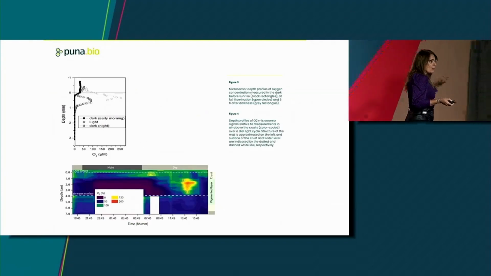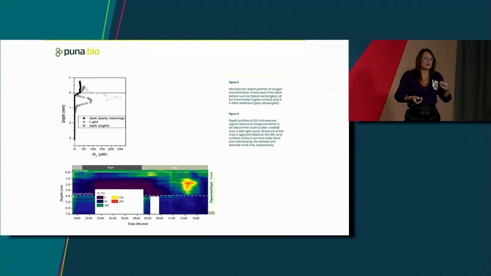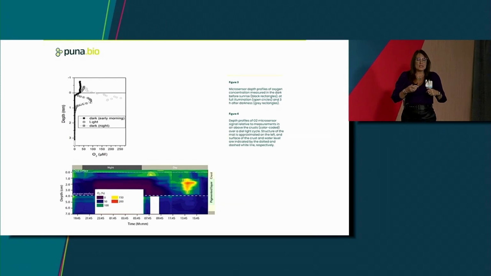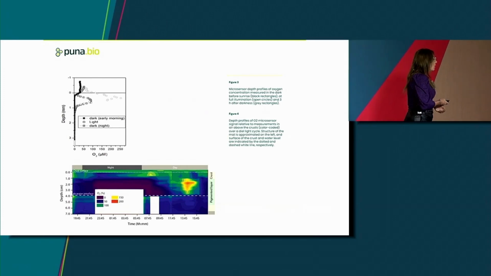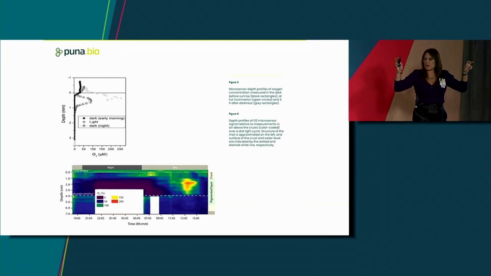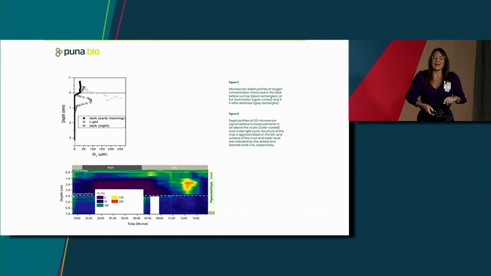Let me show you one of the pictures. I won't talk too much about that. But for example, this is when we measure the oxygen production, or photosynthesis, during night and day on a 2 millimeter scale in this sterile brine.